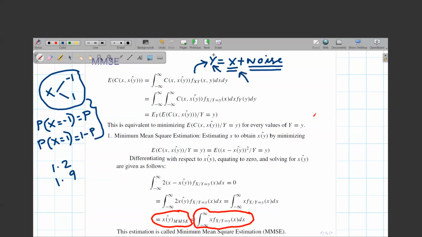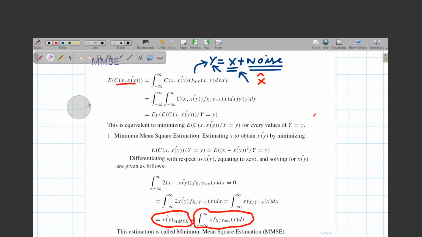Now you are trying to estimate the value of x given y, right? So it is x cap. That is the problem, right? We assign the cost function by doing this assignment, and then we try to minimize it, and we get the solution.